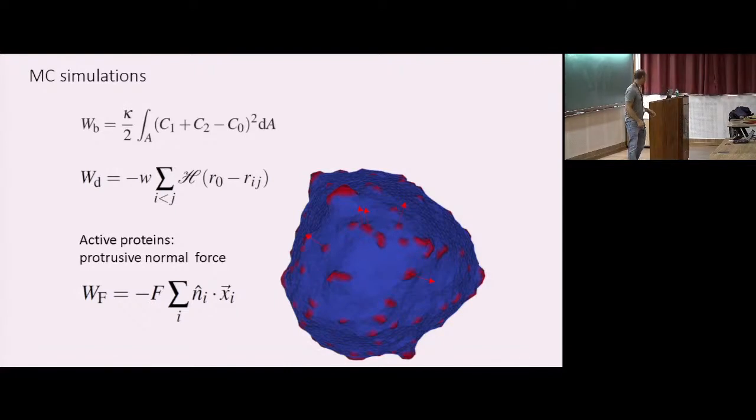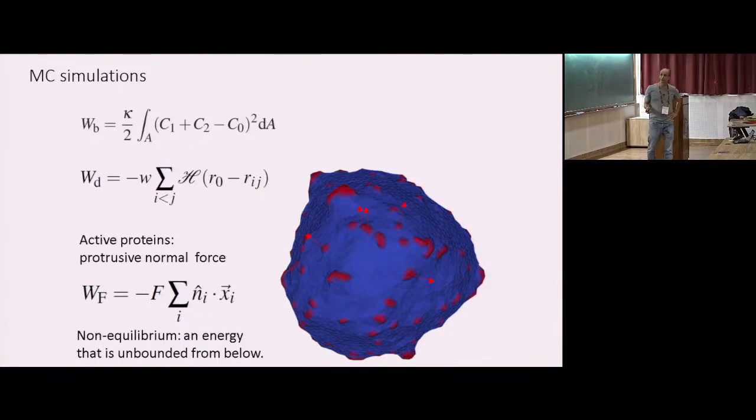Now you can say, okay, but why would you call this an active force? After all, you are just adding it into the energy term, and you don't call these other terms active. So what's active about it? What's active about it is that unlike these energy terms, which are bound from below, with an absolute global minimum, there is no global minimum to this term. It can go off to minus infinity.